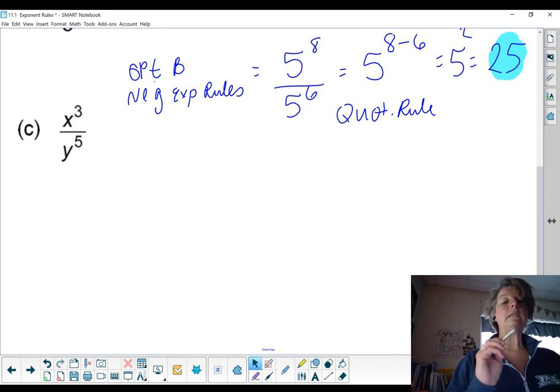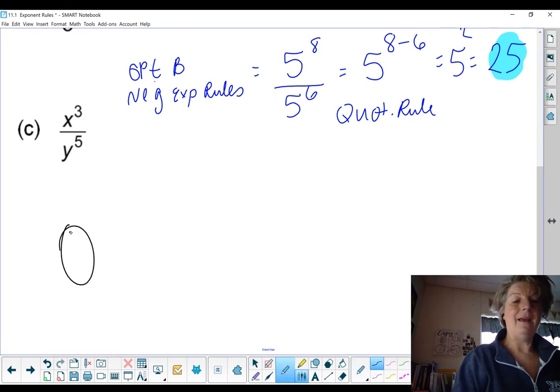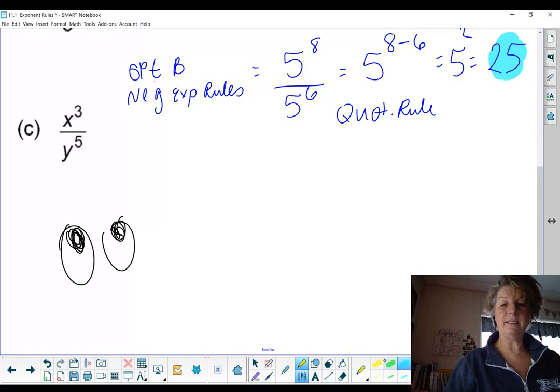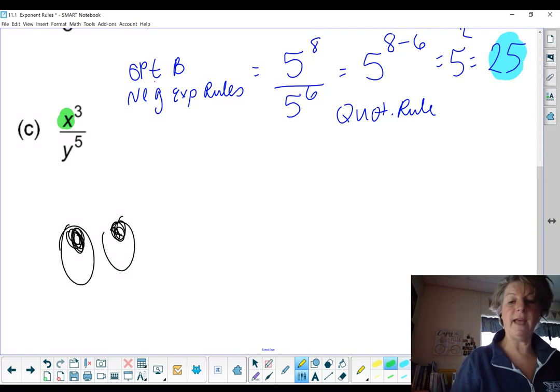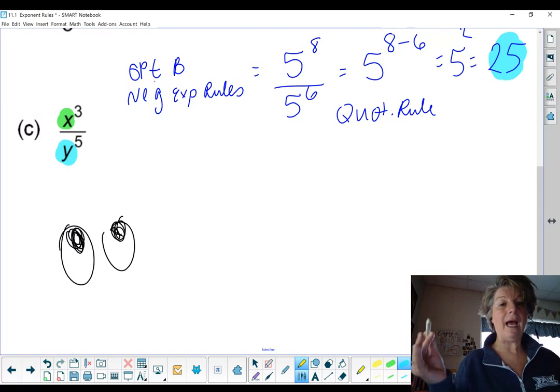C, when you see C, what do you see? Well, the first thing I see, you're probably getting sick of that. I wanted to draw some eyes. The first thing I see on this one is the fact that I have a base of x and a base of y. And because those bases are different, I'm done with this problem. I cannot simplify it further.